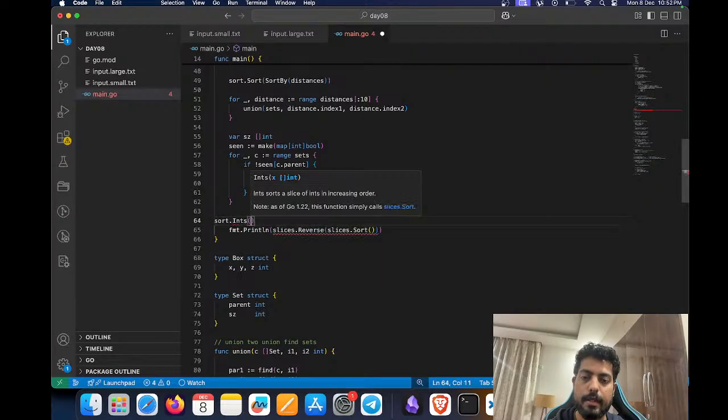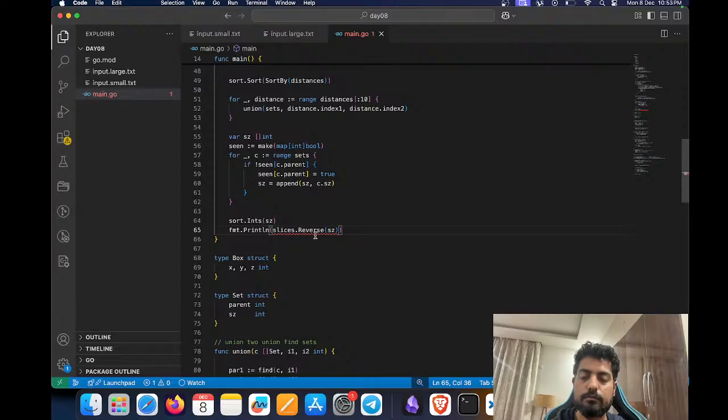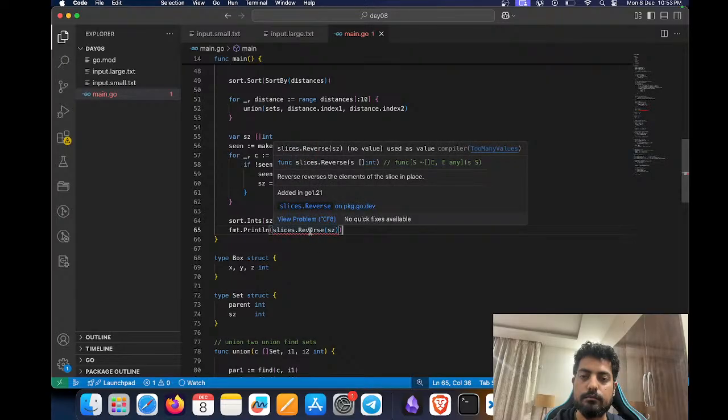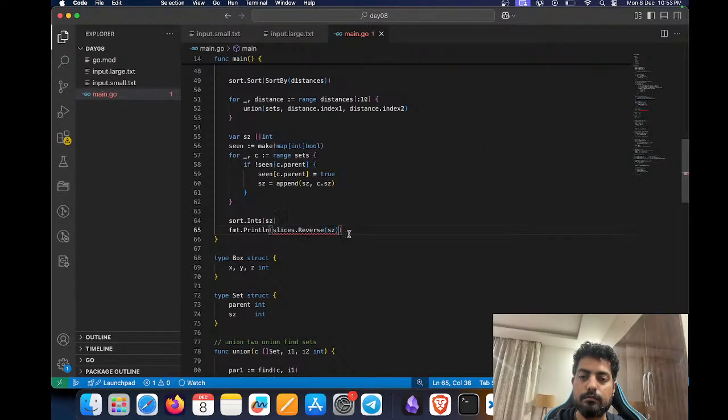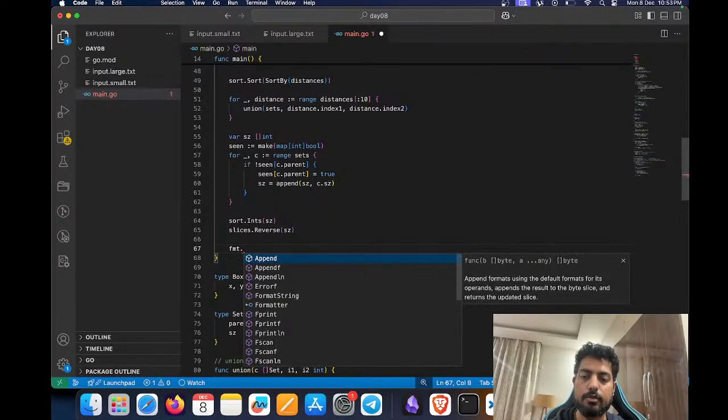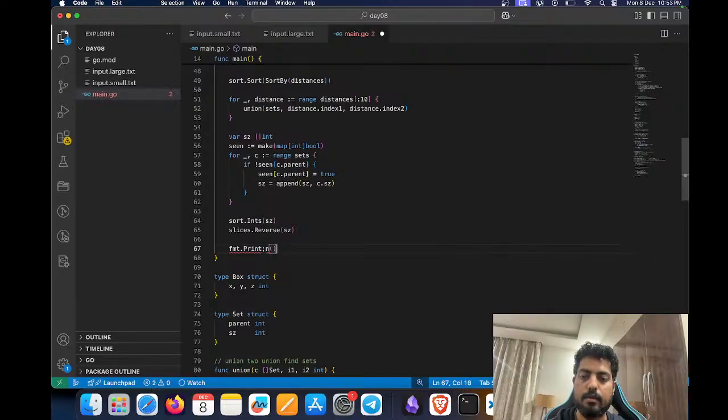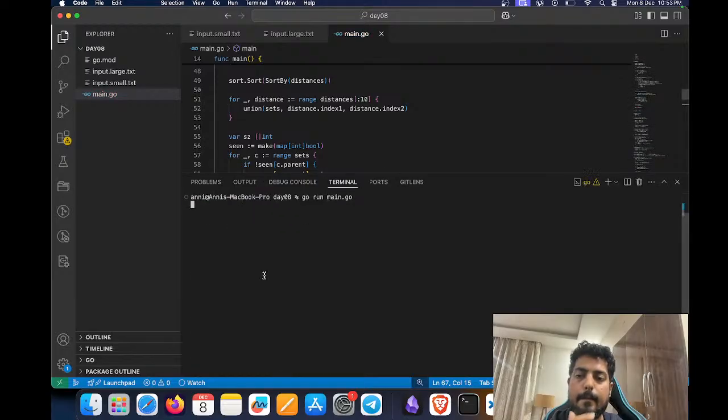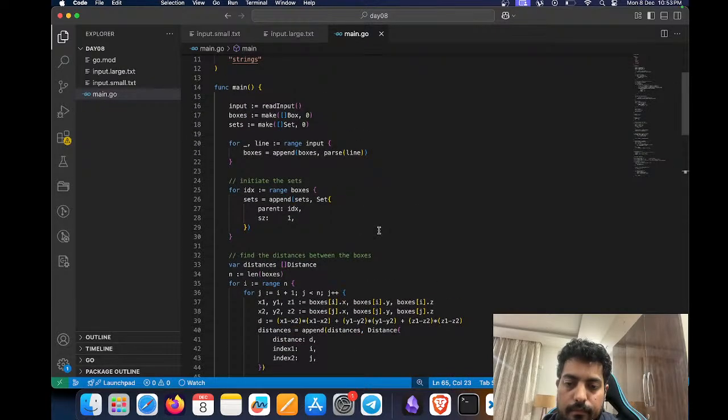Okay, it's actually slices.SortFunc on size, and then we just need to reverse it. Okay, it does in-place reversal and in-place sorting, so we just need to print size, which is incorrect here. It should be 5, 4, 2 and 2, but for some reason it's only 3.